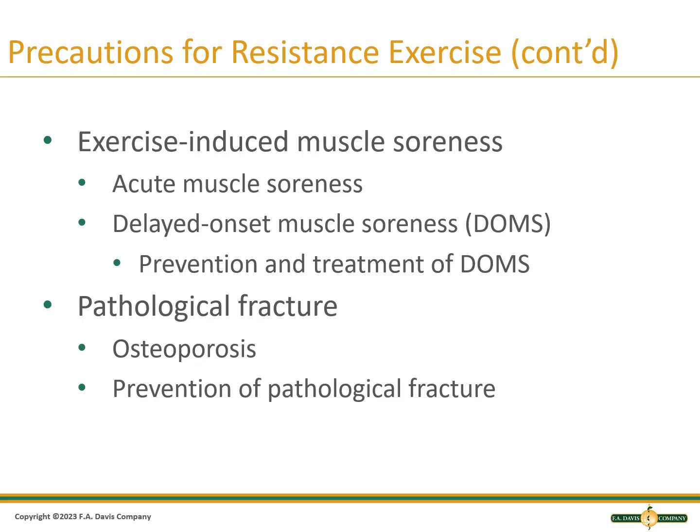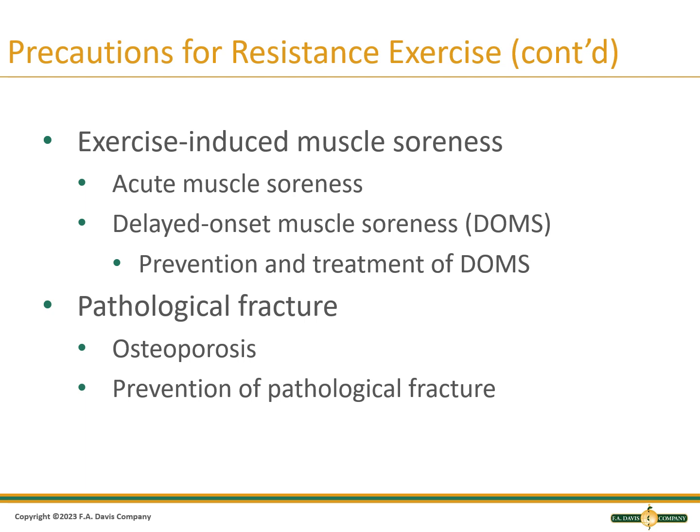We'll also be on the lookout for exercise-induced muscle soreness, which can include acute muscle soreness happening during the time of exercise performance, and delayed onset muscle soreness, where the patient doesn't experience muscle soreness during exercise, but will experience the development of soreness later on. We can prevent this by promoting patients to move following therapy so that they do not get lactic acid buildup, but they can have muscle pumping and joint weeping, and also promoting hydration so that those things are cleaned out of the body.